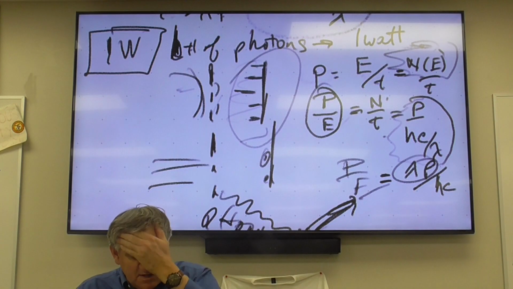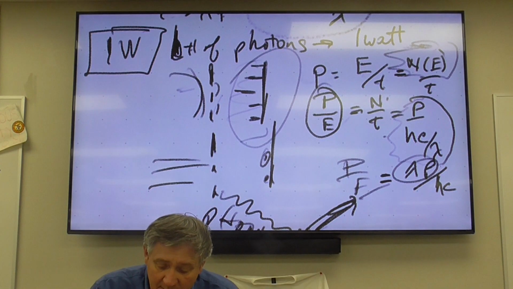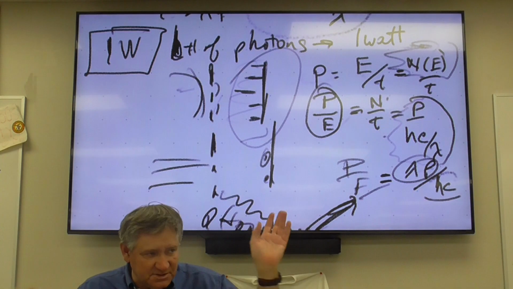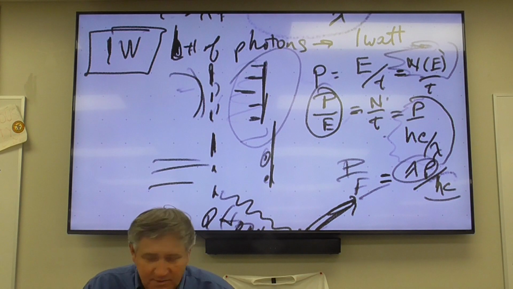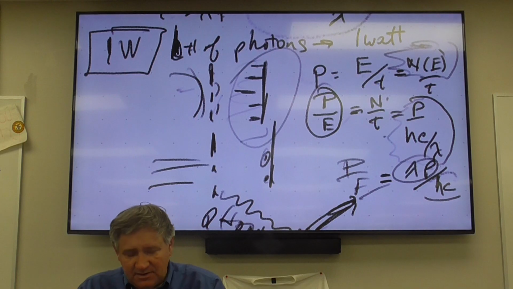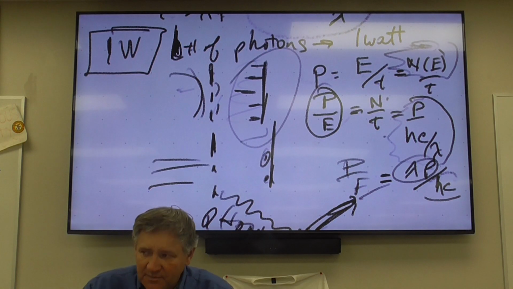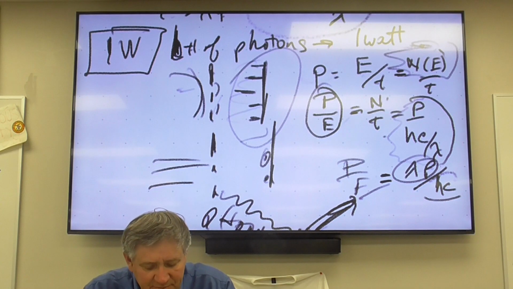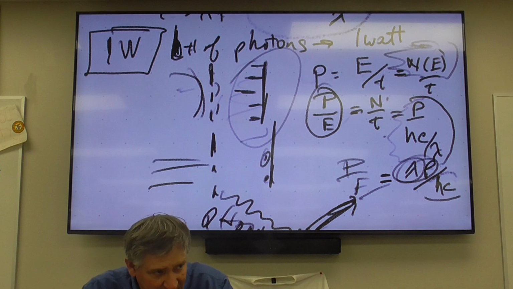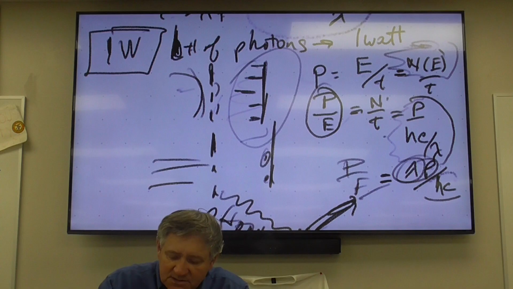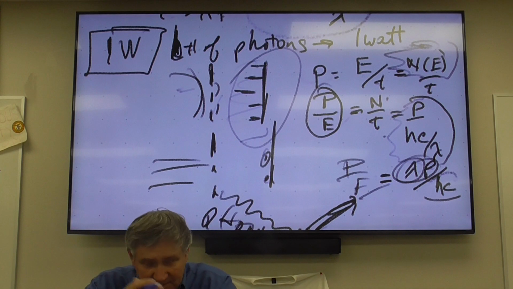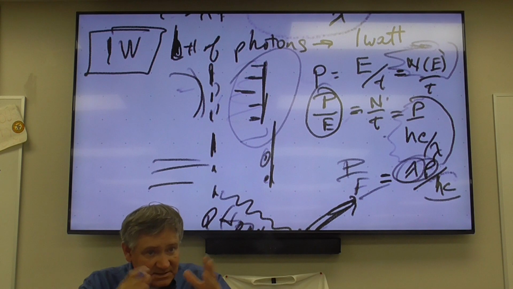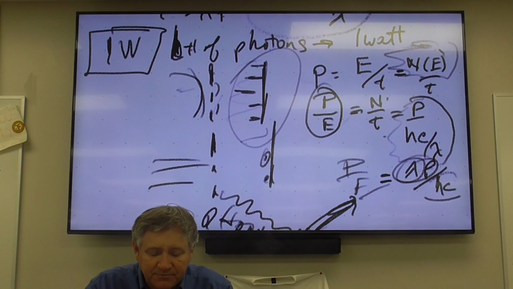So here's what you want to look at. The hc part of that equation is going to stay the same. You're not going to change Planck's constant and you're not going to change the speed of light. That's a fixed value. So then if you look at this in terms of wavelength, this is the comparison that you need to make.